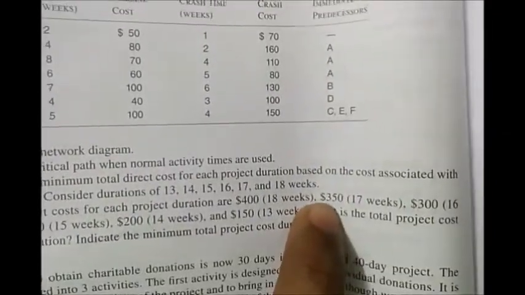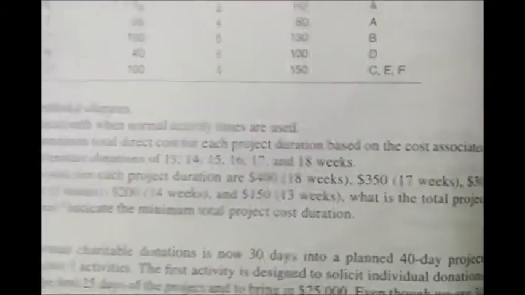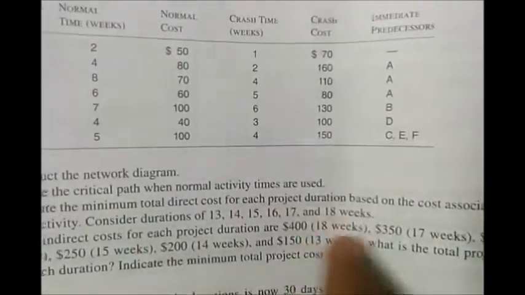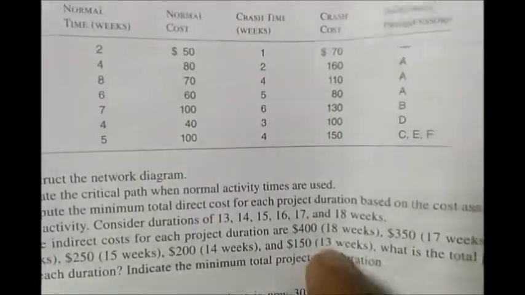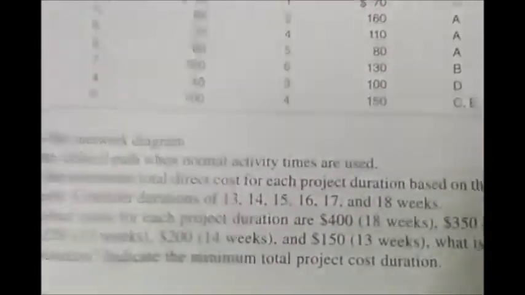In 17 weeks you have to pay 350, and if it's completed in 16 weeks you have to pay 300. This means the duration of your critical path is 18 weeks. Now I'm not showing the entire solution because it will be repetitive. I'll just show you the part where the total cost has been calculated.